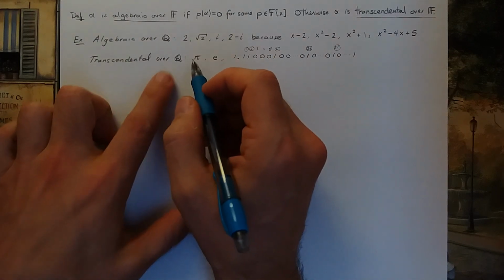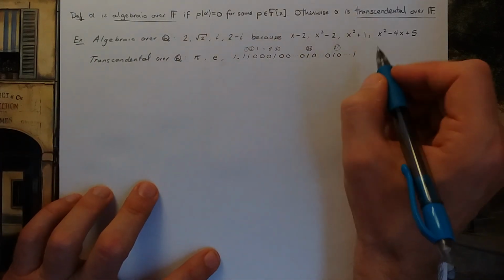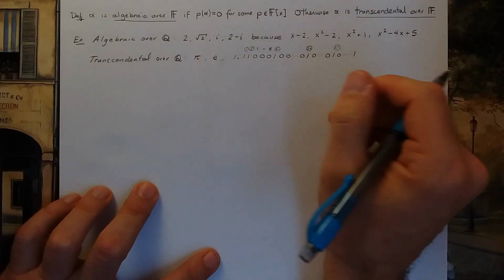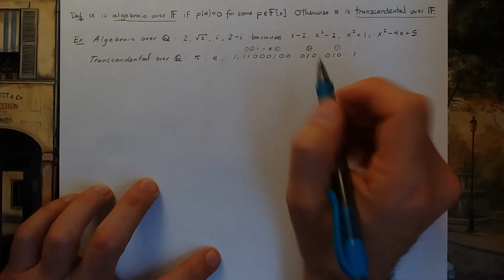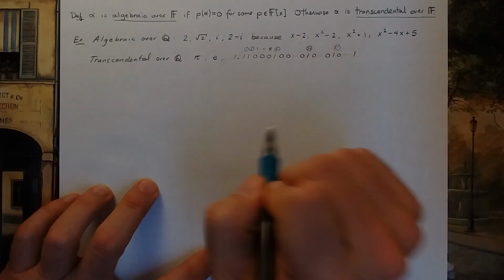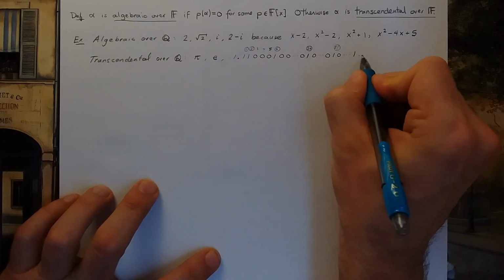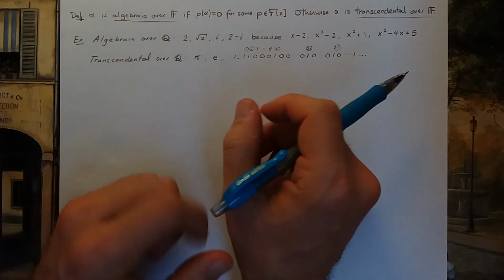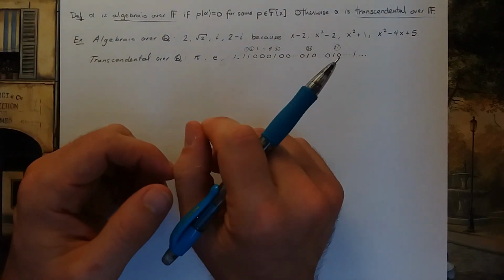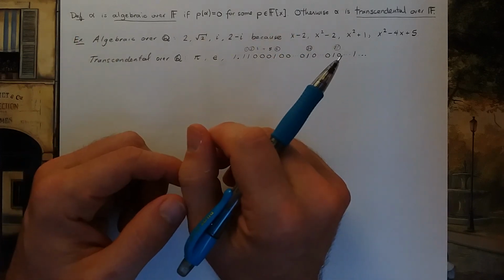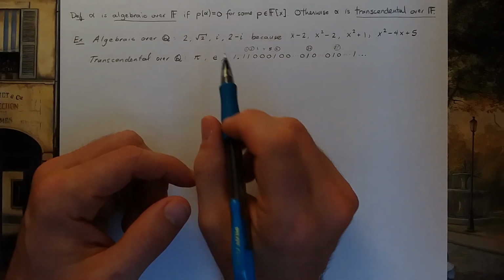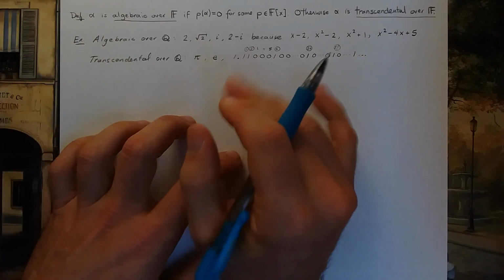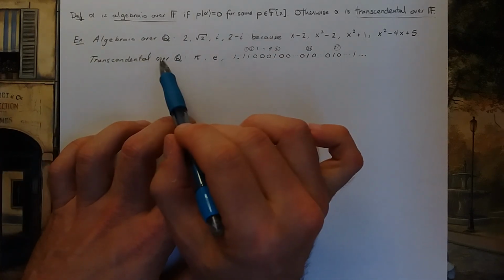That was actually the first number that was ever proven to be transcendental. The proof of this fact relies on not much more than the mean value theorem from calculus, but it's not worth going into the details of the proof. So here are examples of transcendental numbers. Now, if you hand me a random complex number, like pi plus e, I will not be able to tell you if it is indeed transcendental. It is very difficult to prove that a number is indeed transcendental.